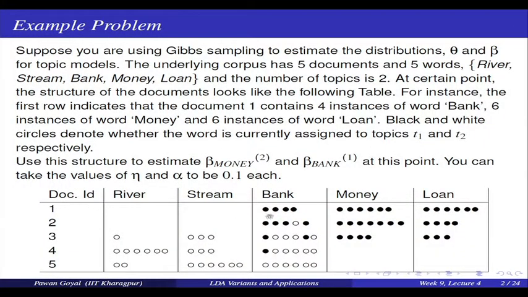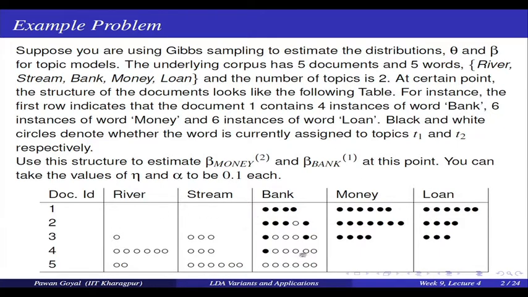Document 1 has 4 words of bank, 6 times money and 6 times loan. At that point of time, all these 16 words have been assigned to topic 1. So black is topic T1. Document 2 has most of the words assigned to topic T1 and 1 word to topic T2, and so on.